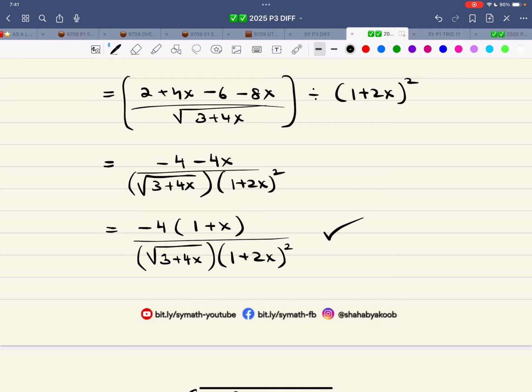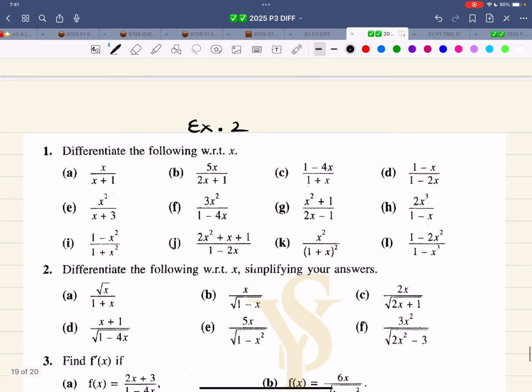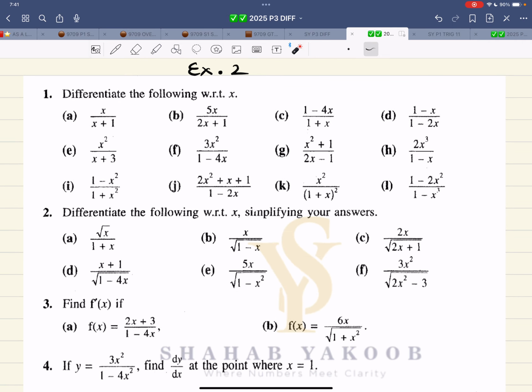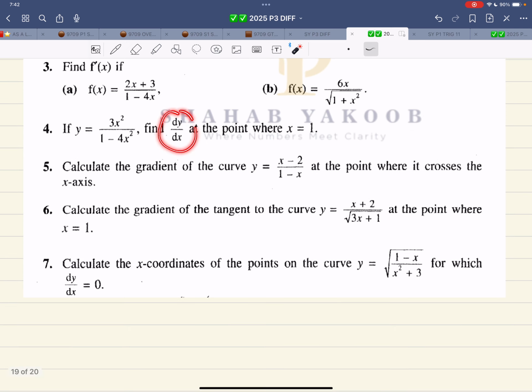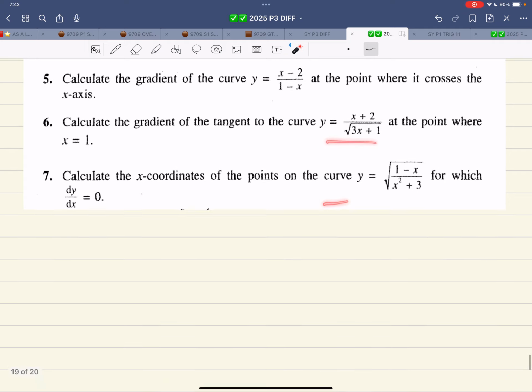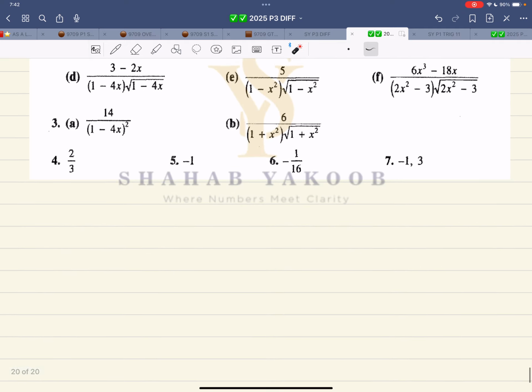That is the expression for dy by dx. So now this is the example for the quotient rule, basic questions, question involving square root, something written in terms of fx, and we need f prime x. Somewhere you have to find dy by dx at the point where x is equals to 1 and things like that. And that is the answer over here.